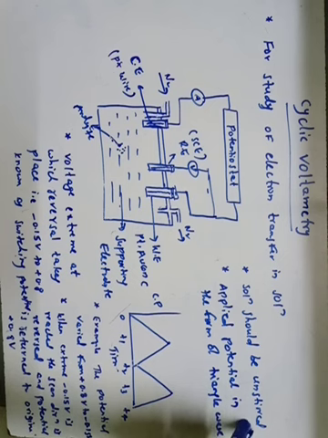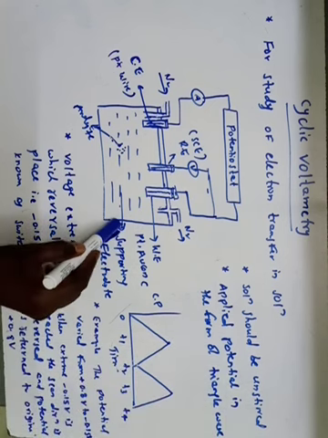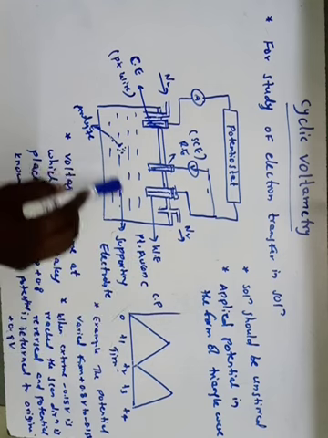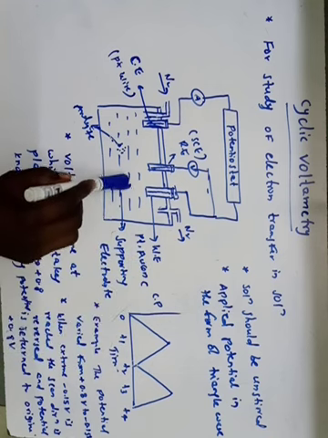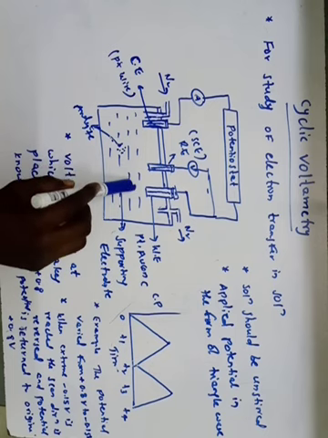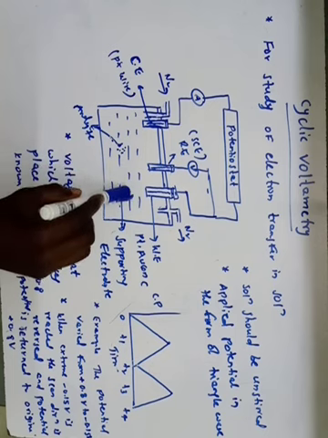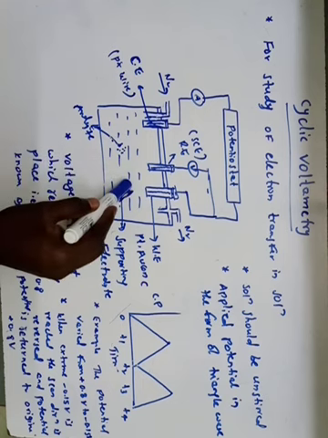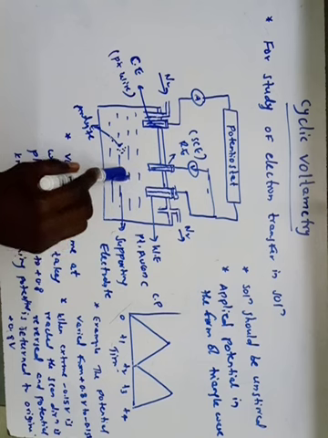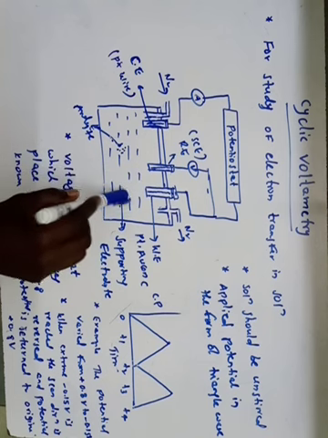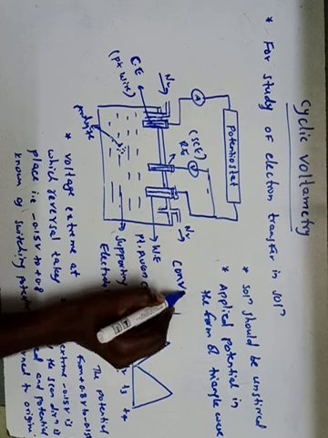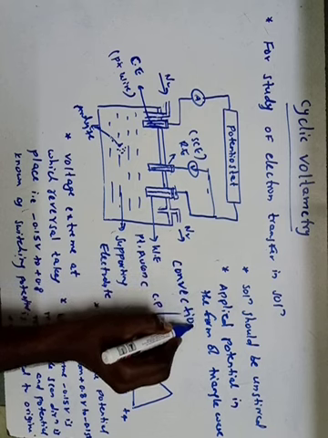If the solution is stirred, what will happen? Due to the stirring of the solution, movement of ions takes place, and due to this movement of ions, current is produced. That produced current is known as convection current.